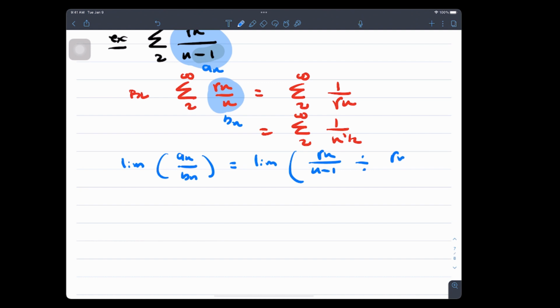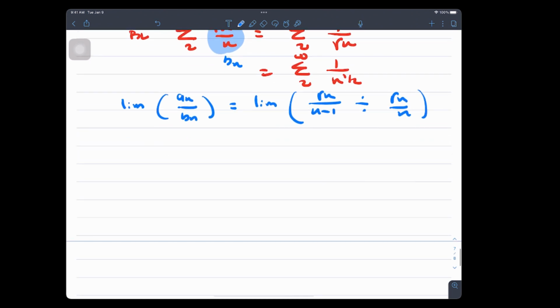I could go straight to something like this. Okay, and I think we get what? Limit of n over n minus 1.